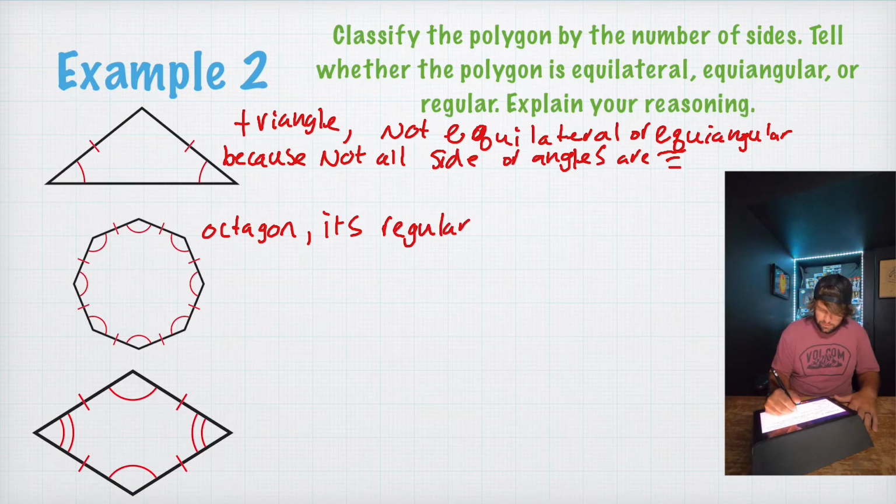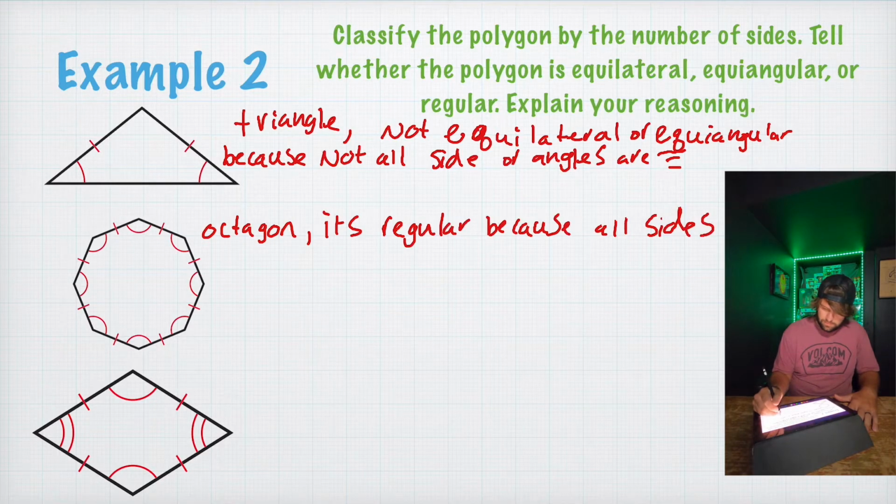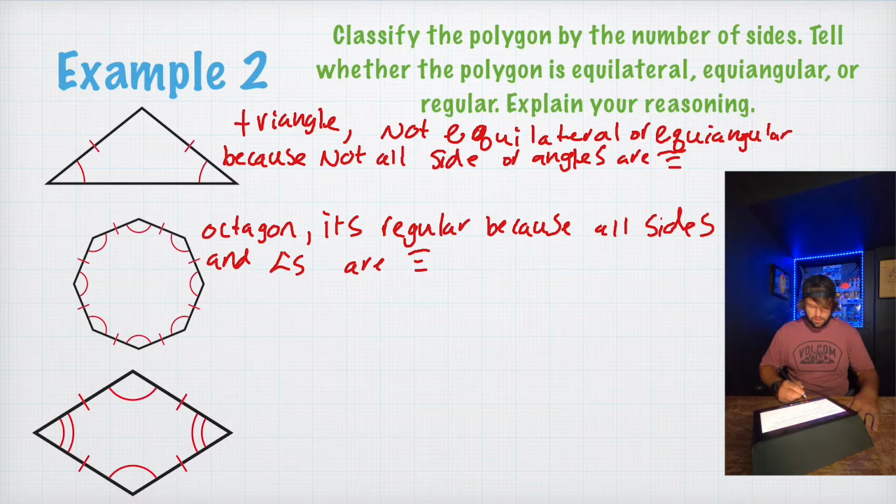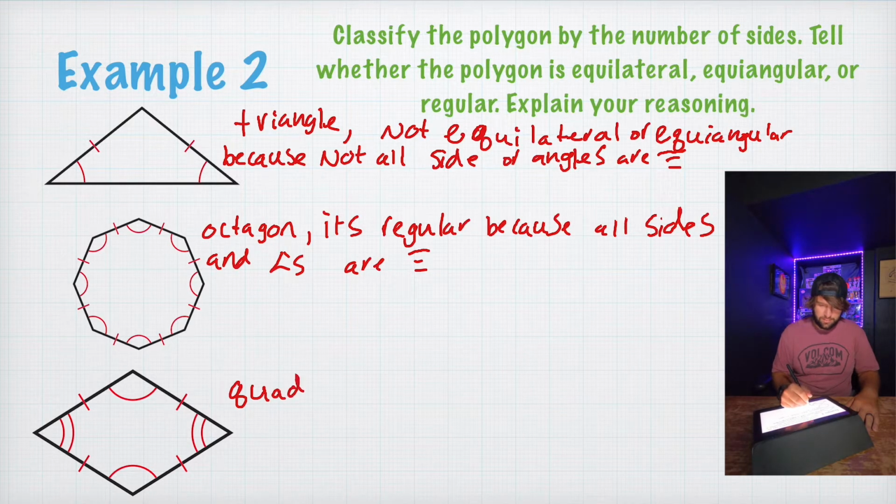Regular, because all sides and angles are congruent. All the angles are marked with one arch, and all the sides are marked with one hash mark, so they're all congruent.